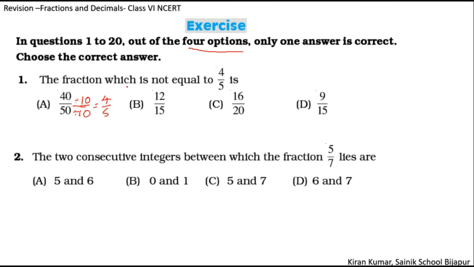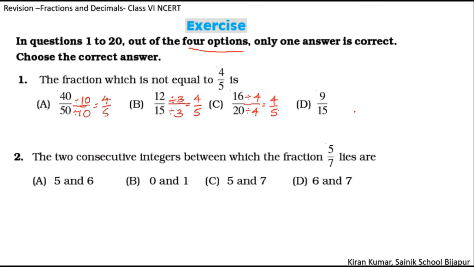Now if I divide both numerator and denominator by 3, I get again 4 by 5. If I divide both the numerator and the denominator by 4, I get 4 by 5.